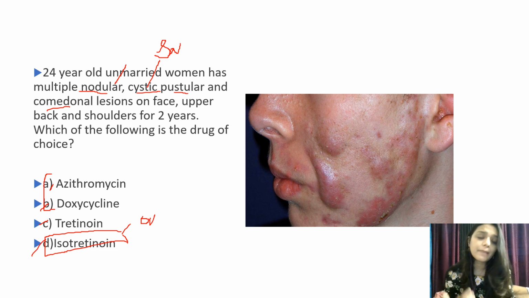Along with that, we may give them some topical retinoids also. But that is topical. We give oral retinoids only in case of severe acne, that means whenever there are nodules or cysts, nodular cystic.